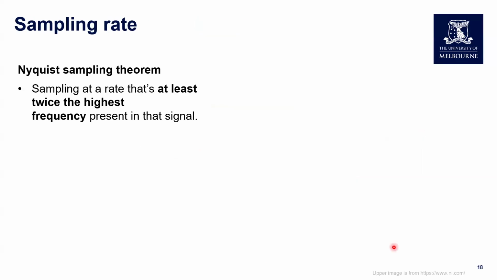If we want to know what the sufficient sampling rate is, we can follow the Nyquist sampling theorem. The Nyquist theorem is also known as the sampling theorem. It says that when you are capturing a signal, like an image, you need to sample it at a rate that's at least twice the highest frequency present in the signal. So what does that actually mean?